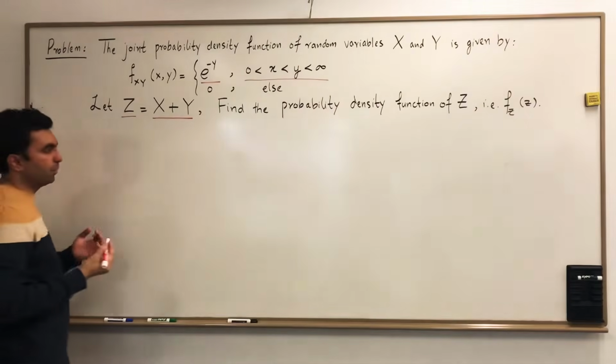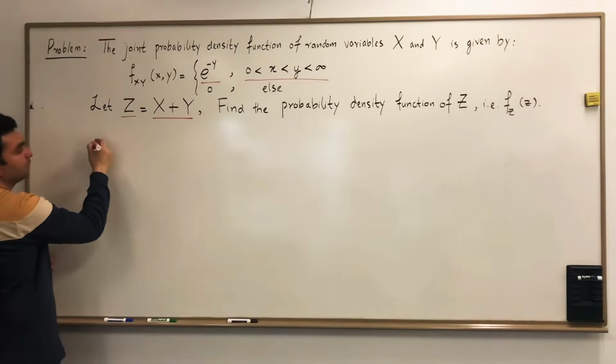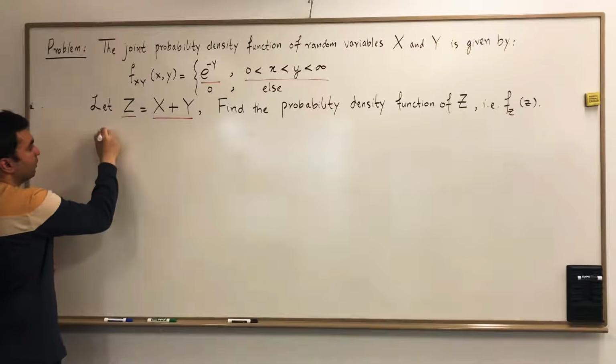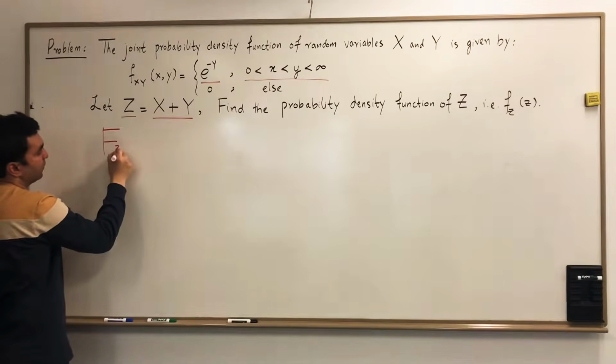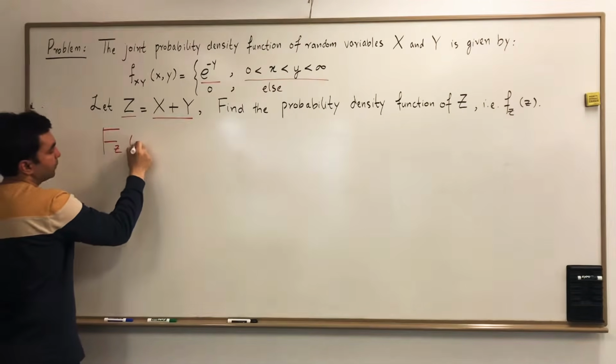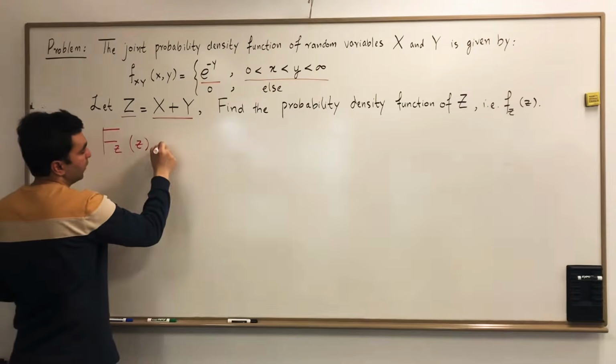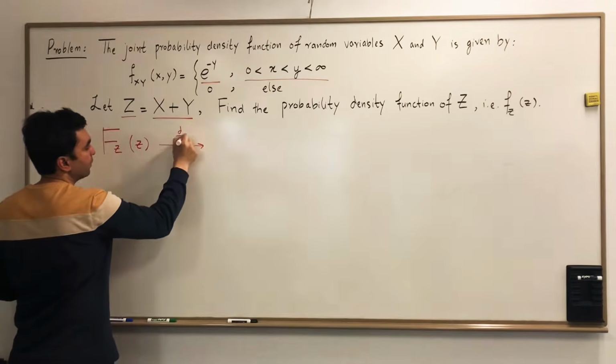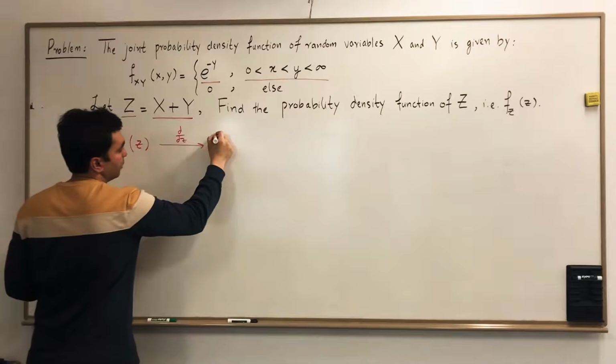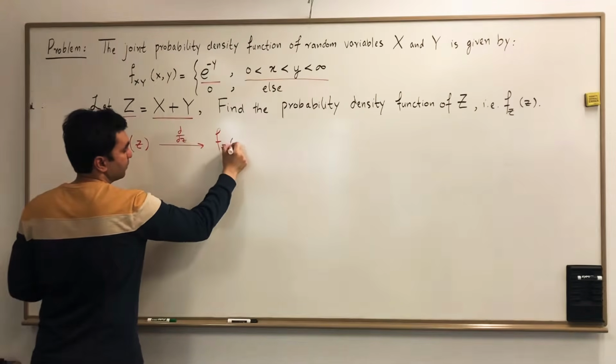So to approach such problems, what we do is use the distribution function approach, which essentially means you will start with the distribution function of z and then take its derivative to reach the probability density function of z.